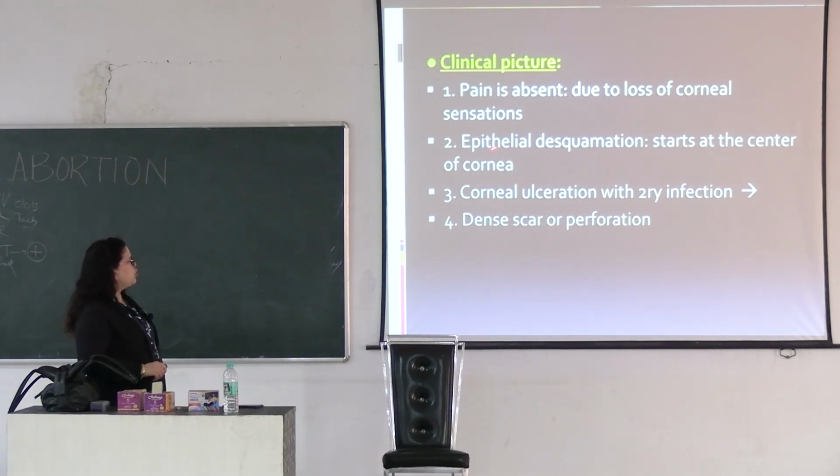Epithelial desquamation starts from the center of the cornea, and only the epithelium is damaged. Then corneal ulceration: if secondary bacterial infection occurs, then an ulcer occurs, and if the ulcer is very severe, perforation occurs, and after perforation, healing with scar tissue occurs and a pseudocornea is formed.